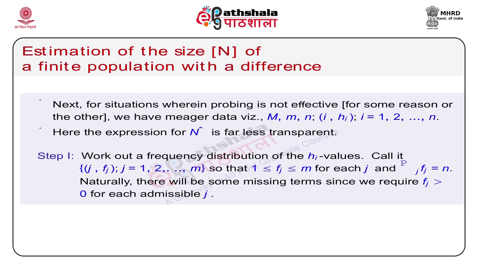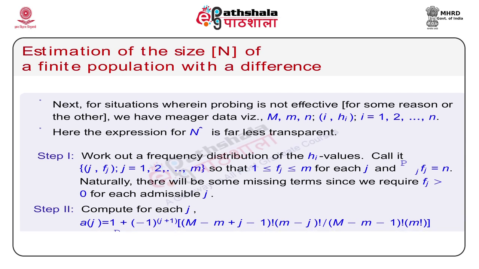Work out a frequency distribution of the small hi values, call it j, Fj: 1, F1; 2, F2; 3, F3 etc. Those j values will go only up to m, and summation Fj is equal to small n. Naturally, there will be some missing terms, because you want Fj to be strictly positive for every admissible j. It could be 1 with some F1, 2 with some F2, there is no 3, then again 4 with some F4 and so on. The nature of data will be like that.